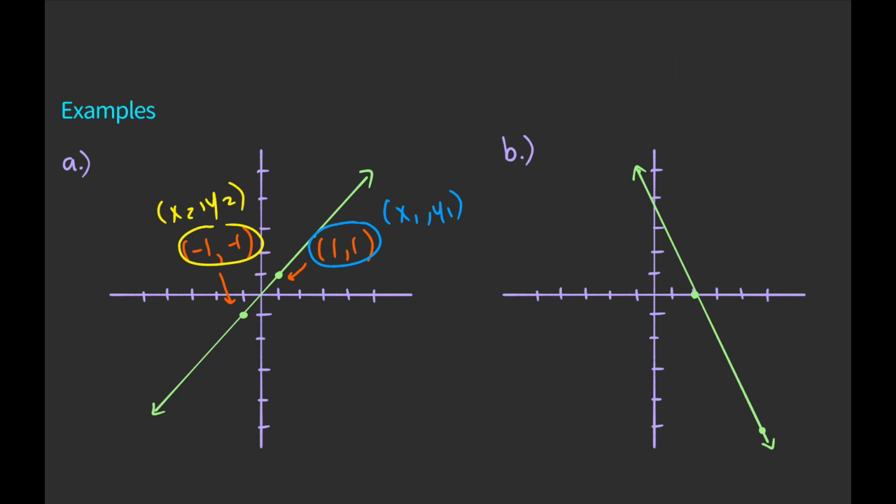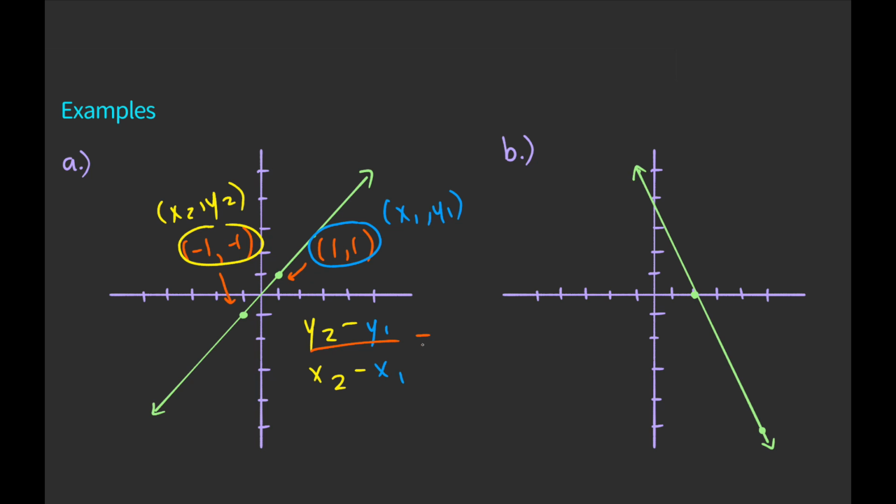Now all we do is plug it into the slope formula. Our slope formula is y2 minus y1 over x2 minus x1.